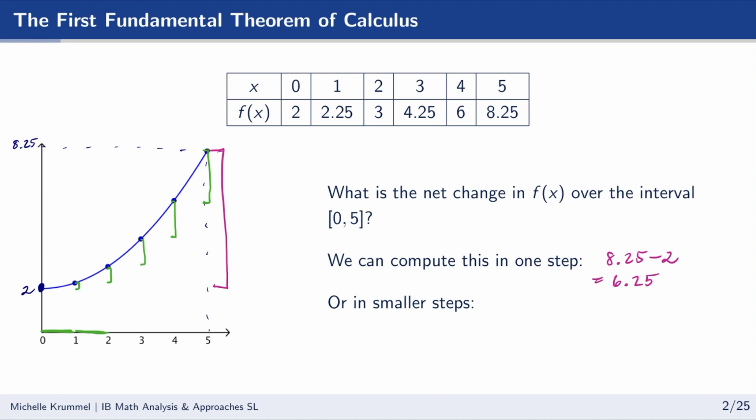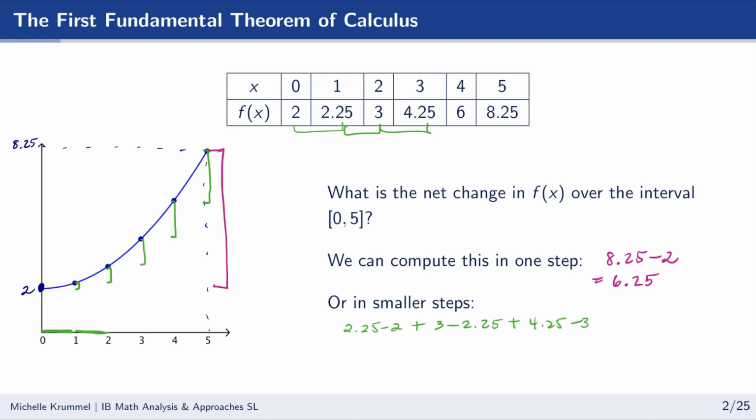By breaking it down into subintervals, what I was really doing, so here's a subinterval, was 2.25 minus 2 plus, and then the next subinterval, 3 minus 2.25 plus, and then this next subinterval, 4.25 minus 3, and so on.